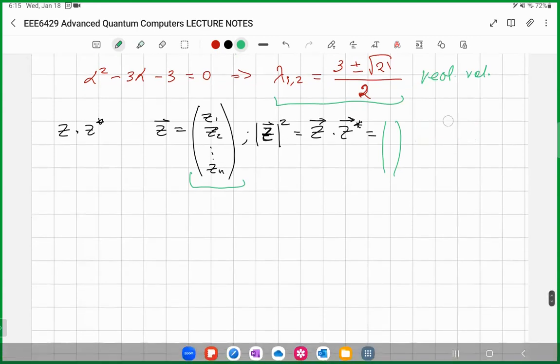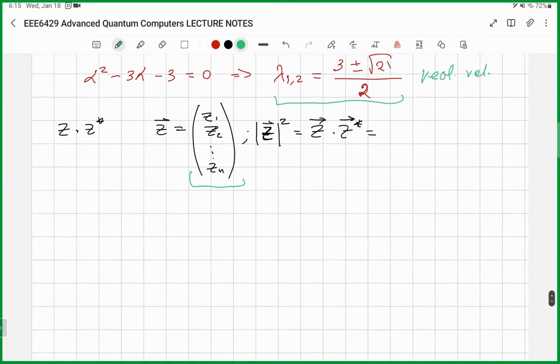No, actually, I'm wrong. Sorry. The first one must be a row, but the second one must be a column, like this, because I take the product of rows by columns, right?